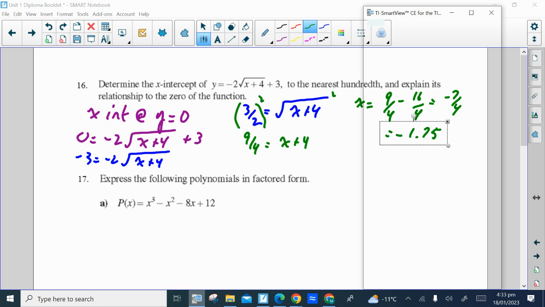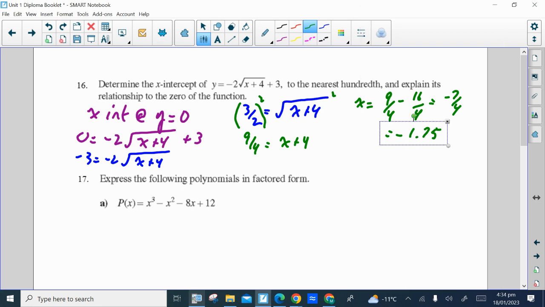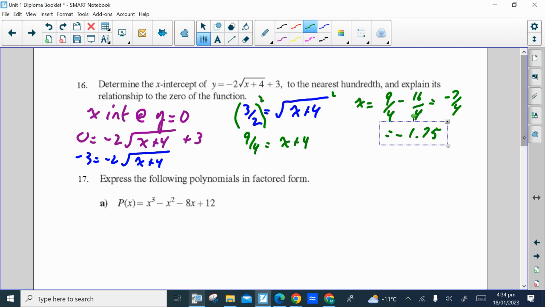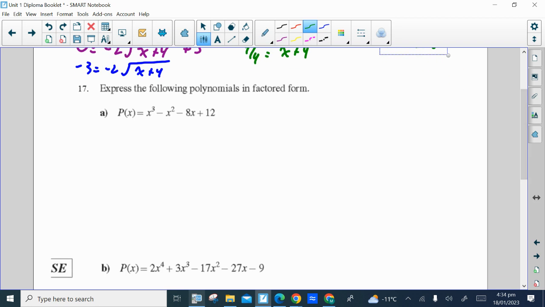Once it wakes up, put the equation in here and then find the x-intercept or the 0. Doesn't look like it wants to wake up, but you can do that.